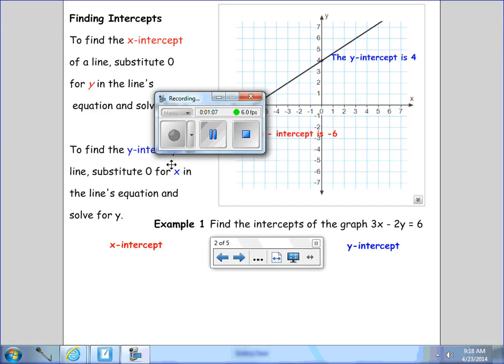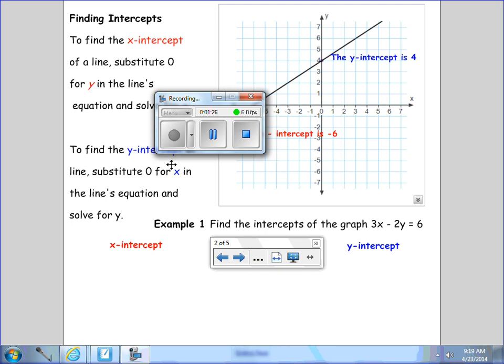So now, in this first example, we've been asked to find the intercepts of the graph 3x minus 2y is equal to 6. In order to determine what the x-intercept is, we'll do that one first. You're going to substitute 0 for y.